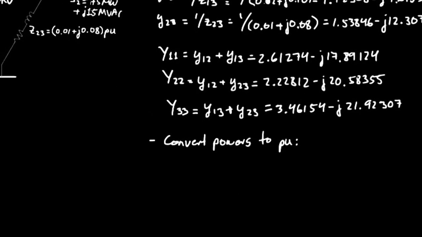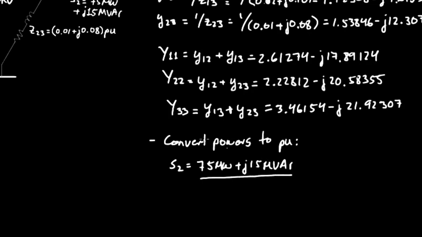So let's convert the power for the load here at bus 2 to per unit. So we know that S2 is 75 plus j15 MVA. So 75 megawatts plus j15 megavolt ampere reactive.